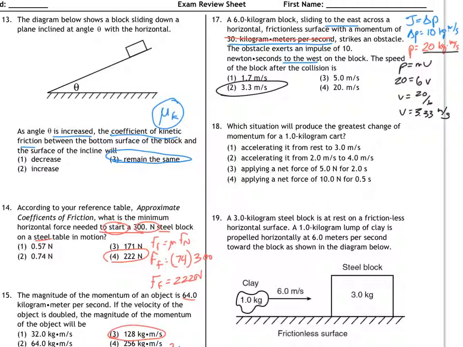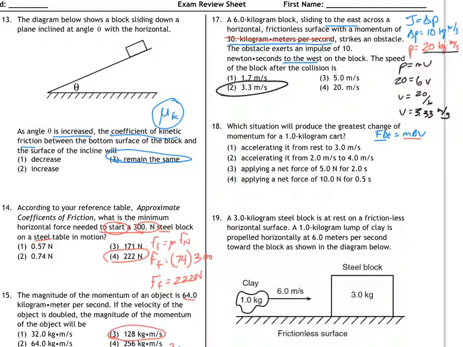All right, 18. Which situation will produce the greatest change of momentum for a 1 kilogram cart? This question is a really special type of FAT-MAV question, which basically says that force times change in time is equal to mass times change in velocity. And I say that because choices 1 and 2 are going to be based on the right half of the equation, whereas choices 3 and 4 will be based on the left half.